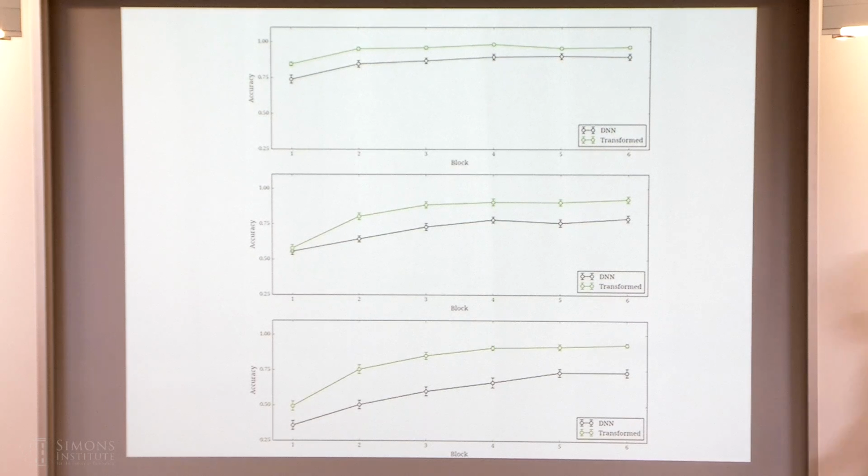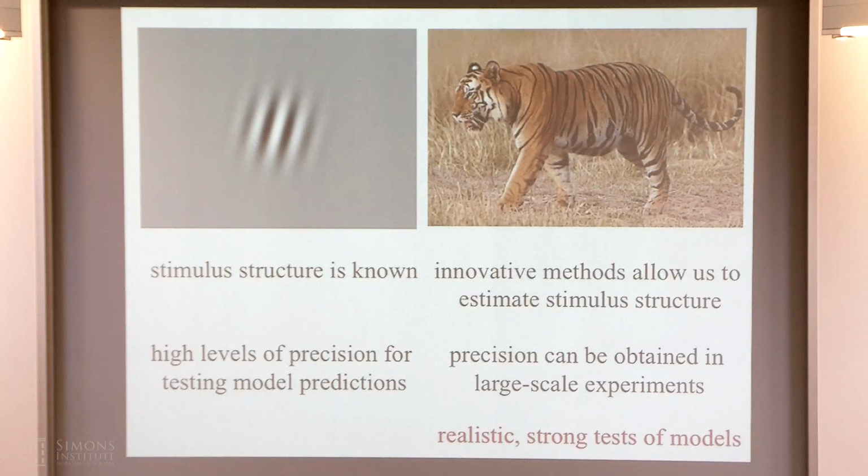But I think the really interesting question that we can ask here is whether we can actually fulfill this promise of being able to use these representations as a way of conducting strong tests of psychological models with naturalistic stimuli.